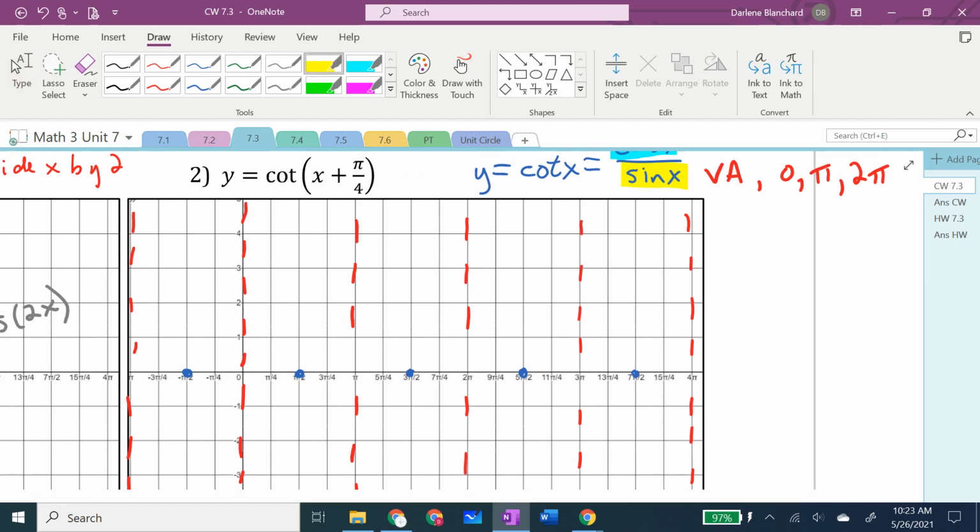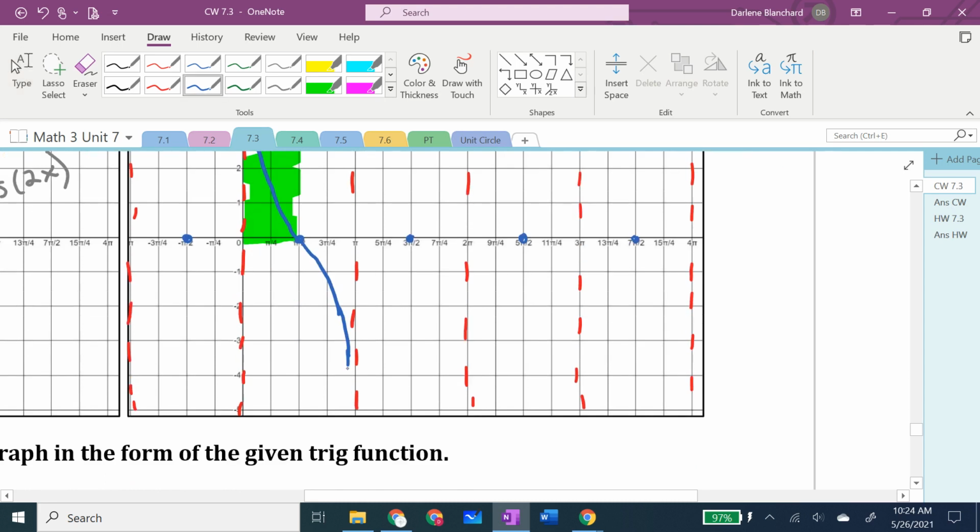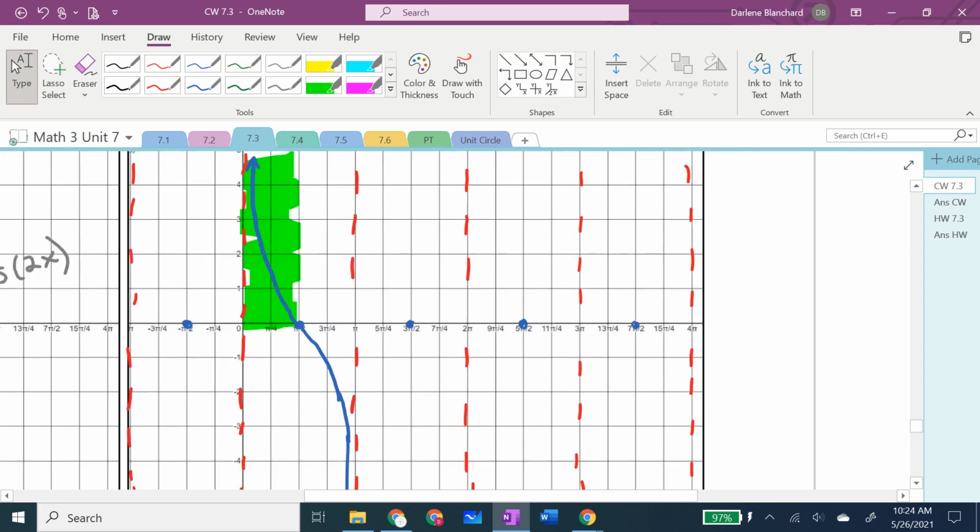If you can't remember, one thing is true about all trig functions: when you graph them between 0 and pi over 2, they only exist where y is positive. Then if you bring together how vertical asymptotes work and recall how cotangent goes, all you're going to do is repeat that process.